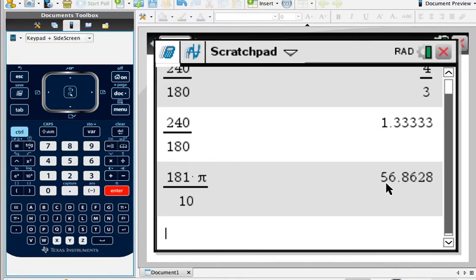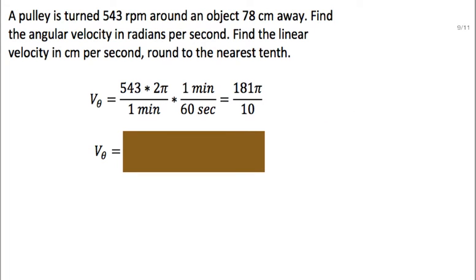The rounded answer would be approximately 56.9. Okay, so let's say it's a multiple choice test, and you plugged everything in the calculator and got 56.9 radians per second, but that wasn't one of your answer choices. Hopefully you can figure out, just ignore the pi. Do 543 times 2 divided by 60. Ignore the pi. You'll get 181 divided by 10. Then you can put the pi back in the numerator. Okay?